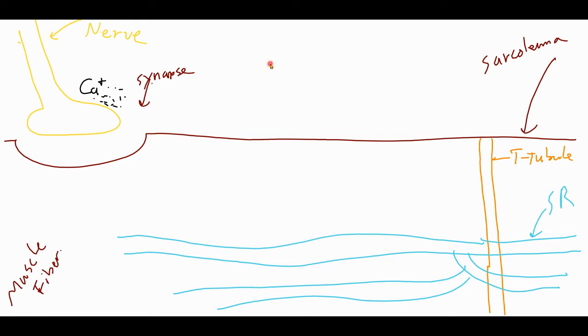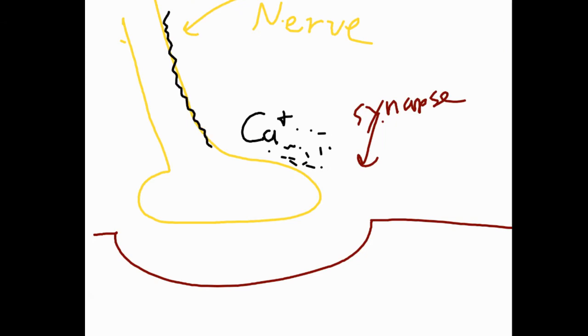Okay. So the first thing that we're going to take a look at is the electrical signal, for lack of a better term at this point. We'll get into that a little bit more. It comes down the axon to the axon terminal, and there are protein channels in here designed to let calcium ions, which I'm going to do with these little black spots, in.